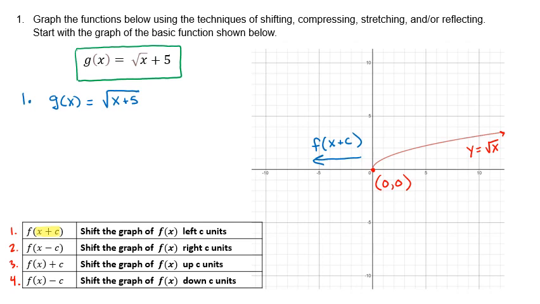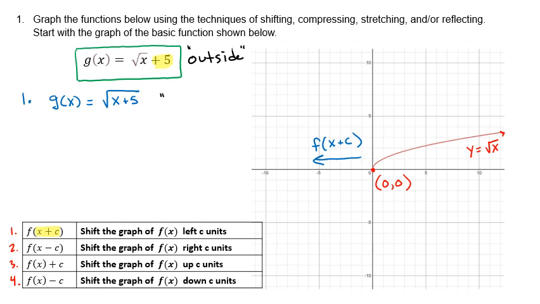And when I'm referring to inside versus outside, like a plus 5 inside or a plus 5 outside, this is what I mean by outside: the plus 5 is not being affected by the square root.